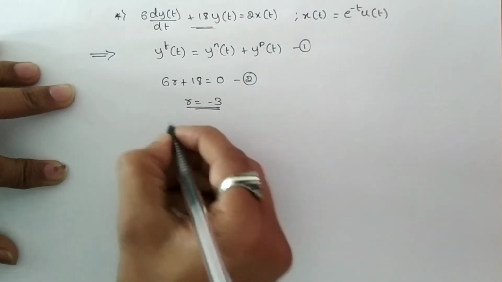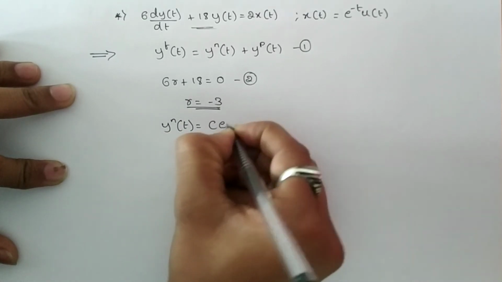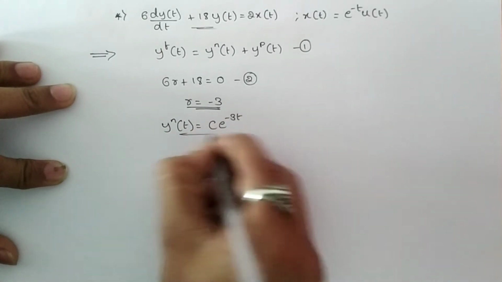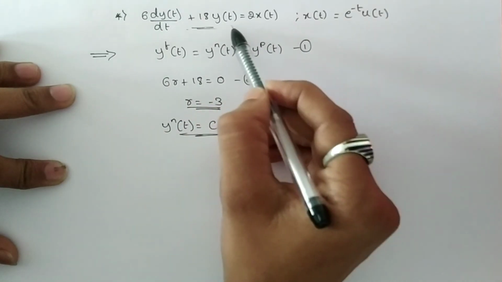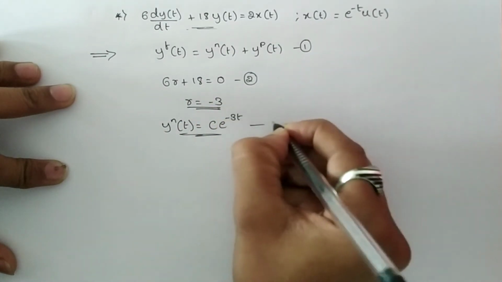For r is equal to minus 3, yn of t is given by c into e power minus 3t. Remember, for this equation the natural response remains the same, marking it as equation number 3.